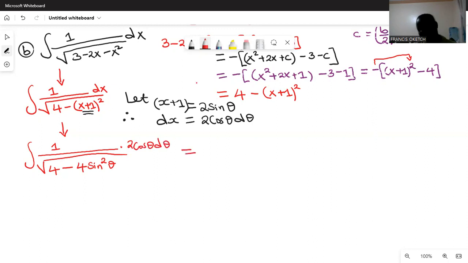Now, if I simplify, look at the square root. Inside the square root, you realize that 4 is common. So you can factor that 4 out so that our problem now will look like this. In the numerator, we'll have 2 cos theta d theta. In the denominator, when you take 4 outside, it becomes 2. Then now we remain with the square root of 1 minus sine squared theta.